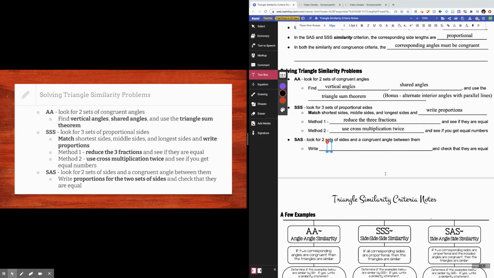Because you only had 2 sets of corresponding sides that you needed to worry about. So when you do SAS problems, you have to write proportions for the 2 sets of sides and check to see if those proportions are equal. Okay. All right.